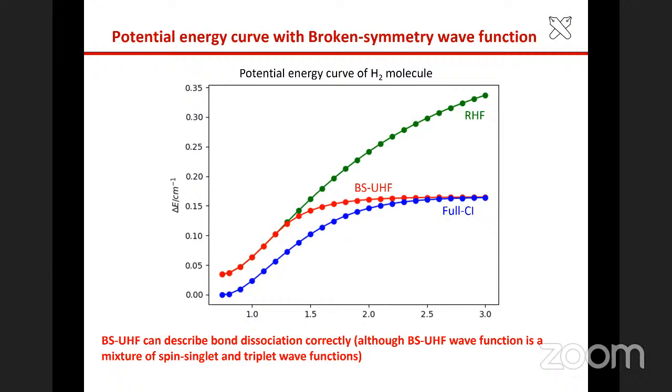So if we use the broken symmetry wave function to calculate some property that depends on the spin state, it causes some trouble, because this is not an eigenfunction of S squared.